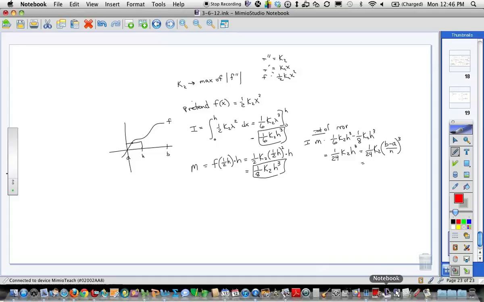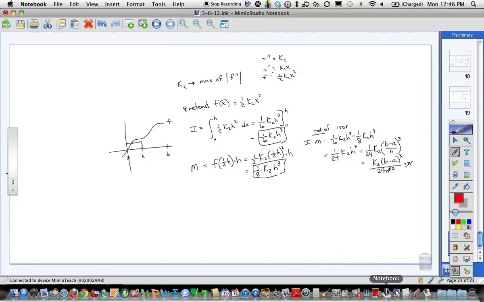So cube everything, the K2 would be on top, the b minus a cubed would be on top, you'd have a 24n cubed on the bottom, and this is only the error in one subinterval, so I'd multiply this by n, and that n would change that to a squared, and sure enough, if you look on page 387, the formula for the error in a midpoint is going to be that right there.